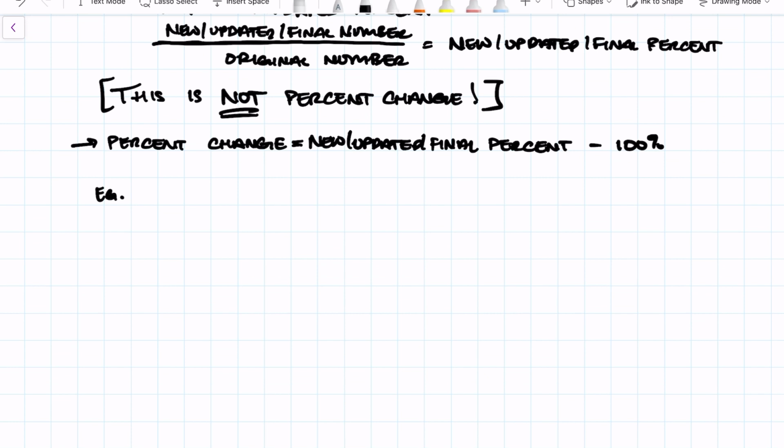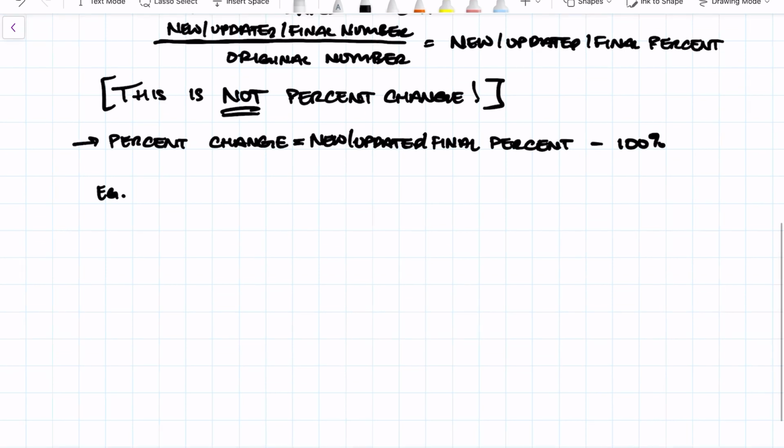So let's say that in one year, you have 10 fruits. And then the next year, you have 11 fruits. You want to see the percent change. How much percent did it change total?